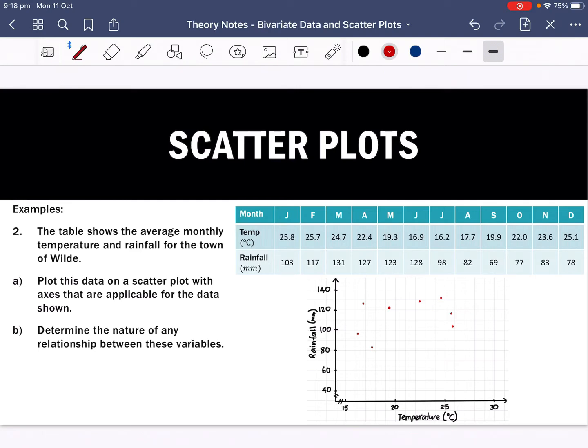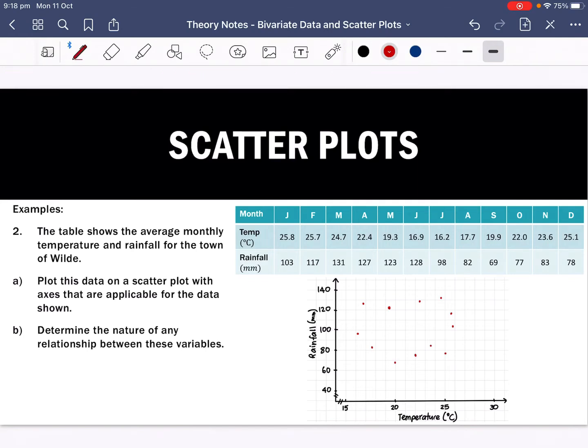We then have 19.9 and 69. We then have 22 and 77. We then have 23.6 and 83, and finally we have 25.1 and 78.